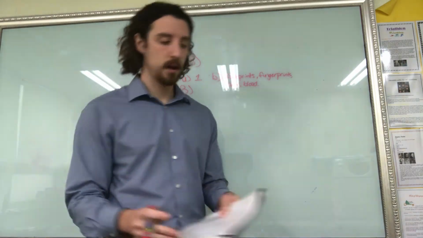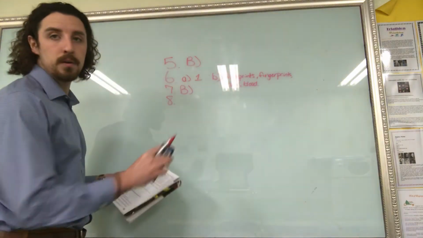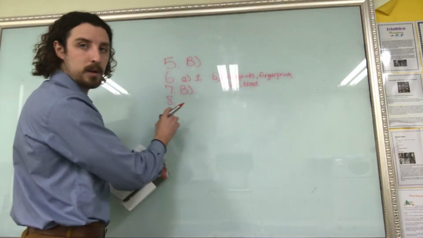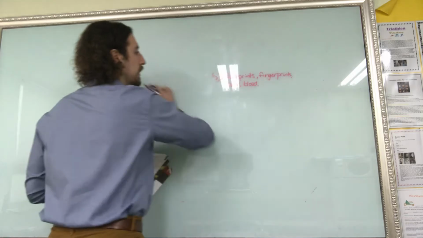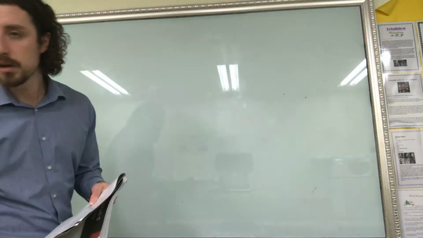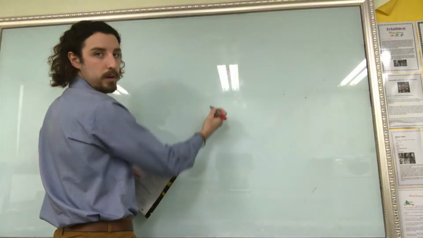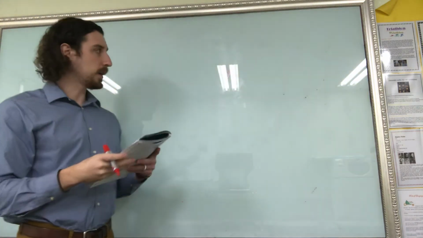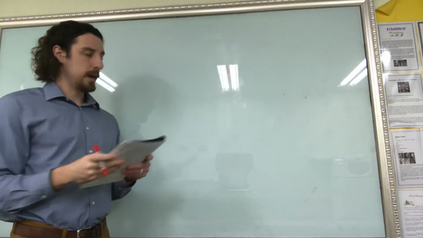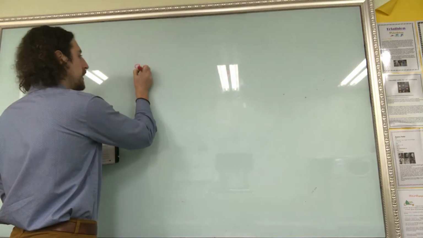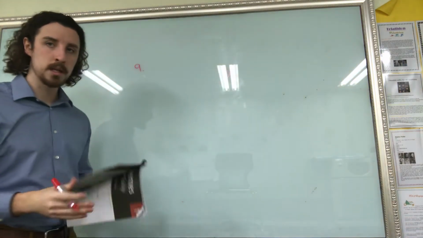Okay, welcome back. I want to avoid this glare right here, so I'm going to have to write here. Okay, so I'm not going to draw anything right there. So, number 9. Can we see that? We can see that.